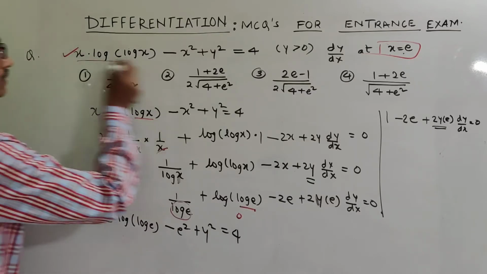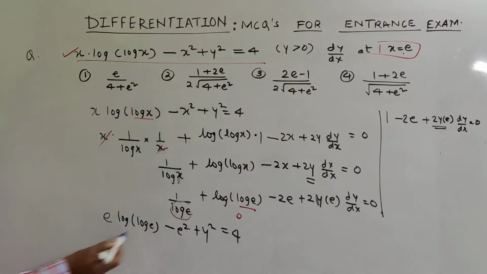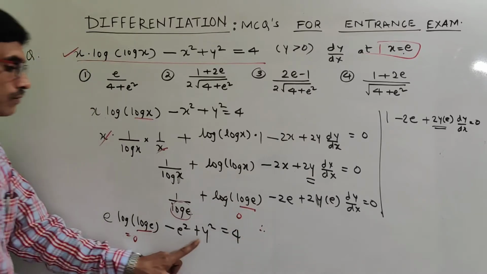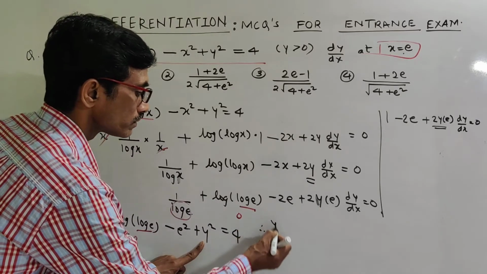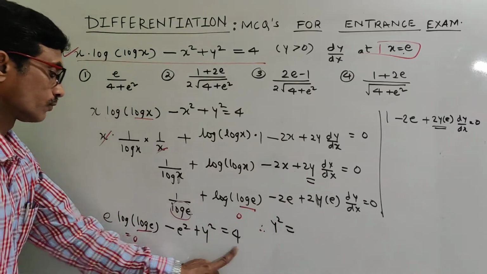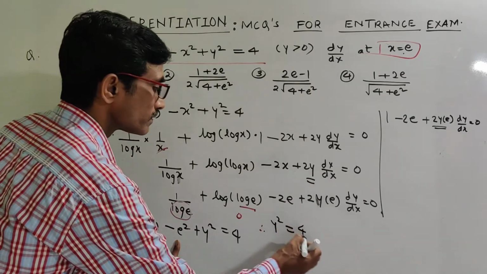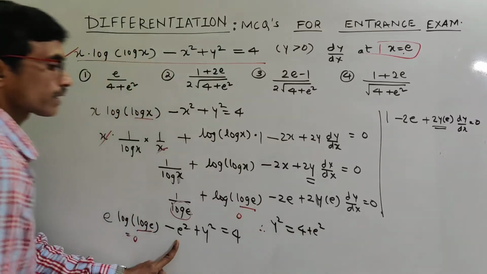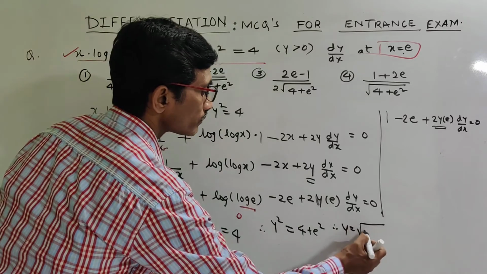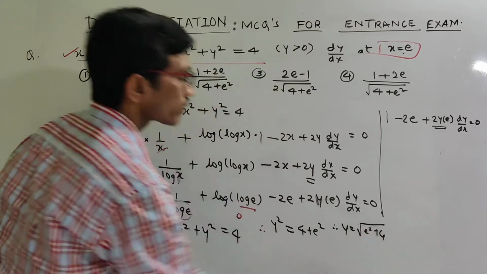Now log e is 1 and log of 1 will be 0, so this term reduces to 0, and therefore we get y square is equal to 4 plus e square, and therefore y will be equal to root of e square plus 4.